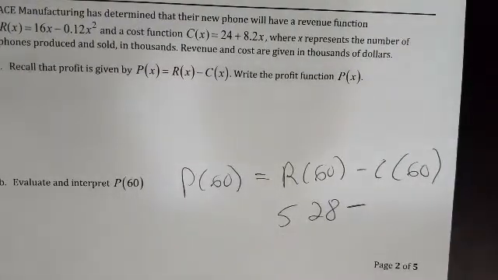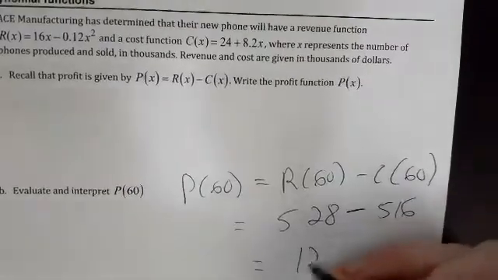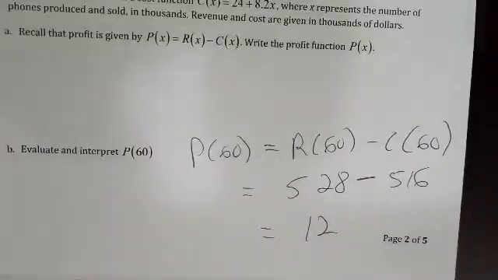Okay. And I can plug 60 into the other thing. 24 plus 8.2 times 60. That should give me 516. So if I do 528 minus 516, that gives me 12, which is what we got previously. So you can do these separately, plug them into each separate function, and then calculate it.